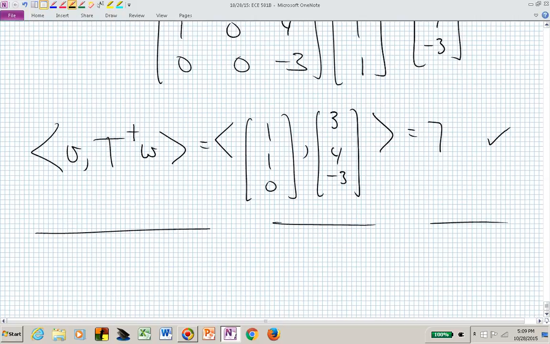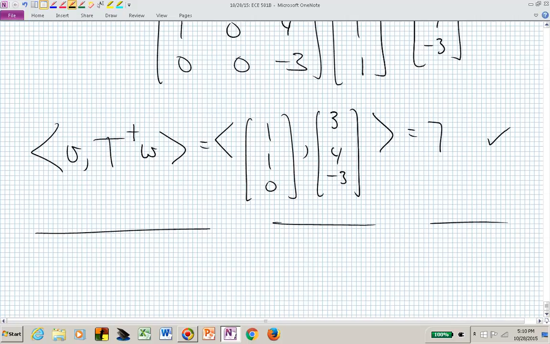Questions on that? That's supposed to be true for any V and any W. We just picked two out of the hat and verified that indeed the inner product of TV comma W was equal to the inner product of V comma T dagger W.